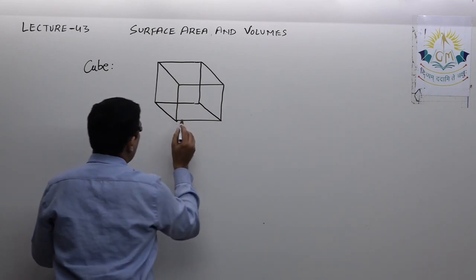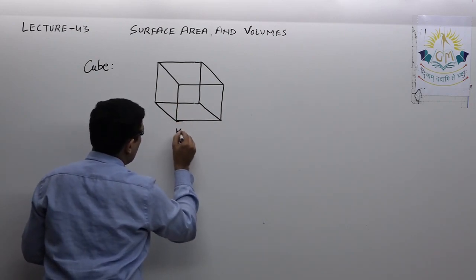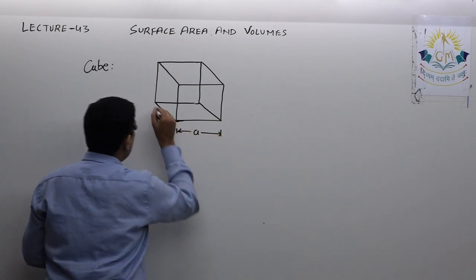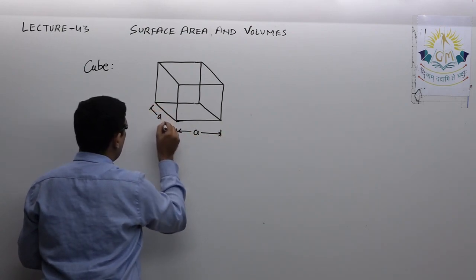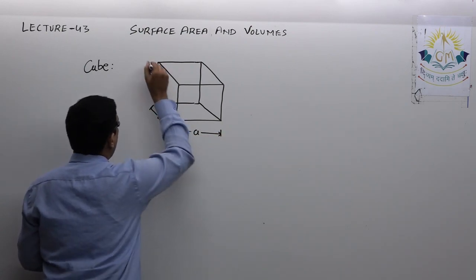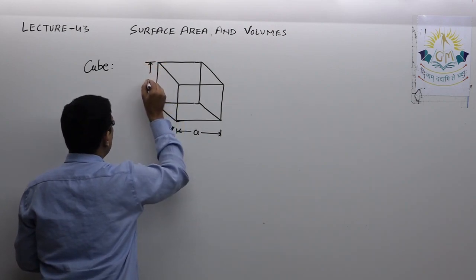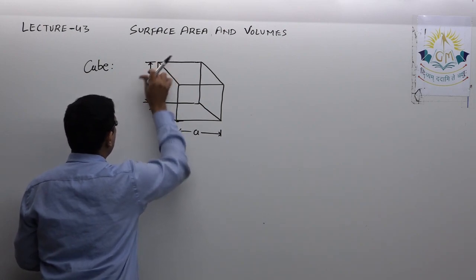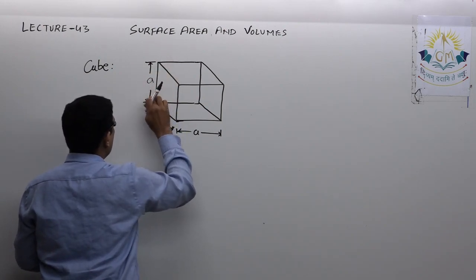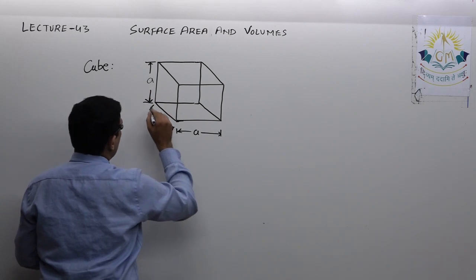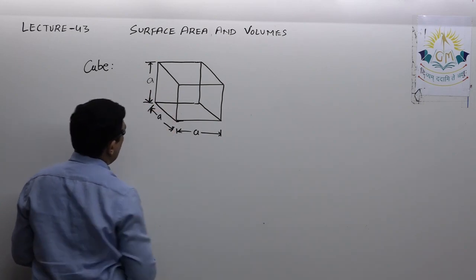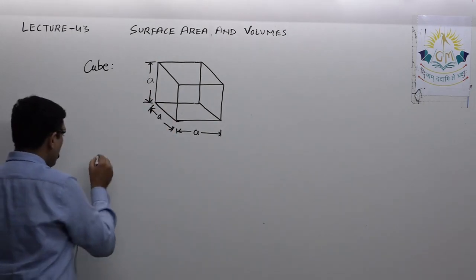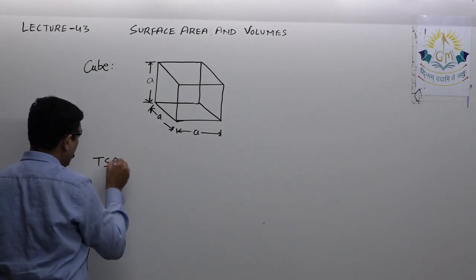This length is equal to A, this breadth is again equal to A, and this height is again equal to A. Okay, that is a cube. Now we'll see its total surface area, TSA.